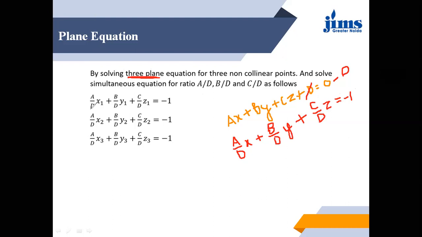This is for the first plane, x1, y1 and z1, whereas for the second plane it is x2, y2 and z2, and for the third plane it is x3, y3 and z3. So first we represent the polygon using three different plane equations.